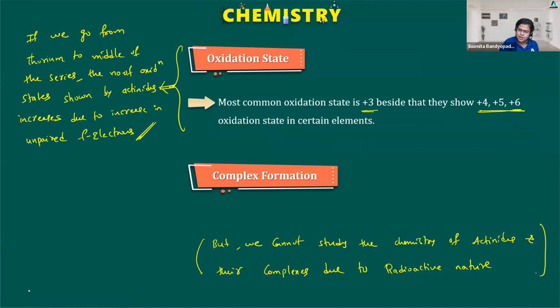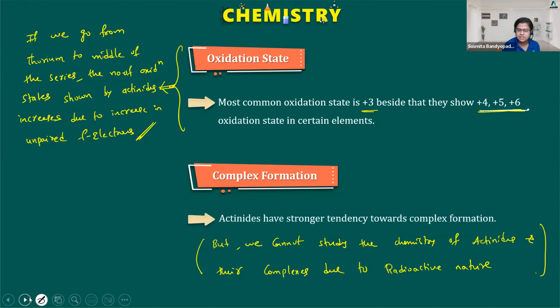Because there is not that much difference in energy, you can see multiple oxidation states in the case of actinides, with +3 being the most common, but you can see +4, +5 and +6 also. And since they can show variable and multiple oxidation states, they can form complexes very easily.